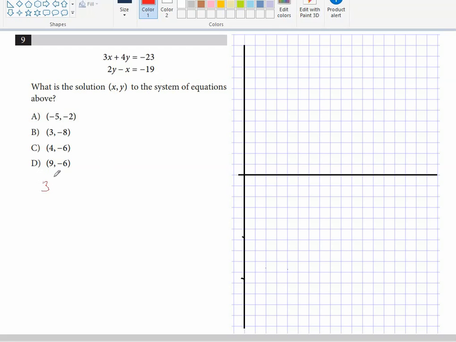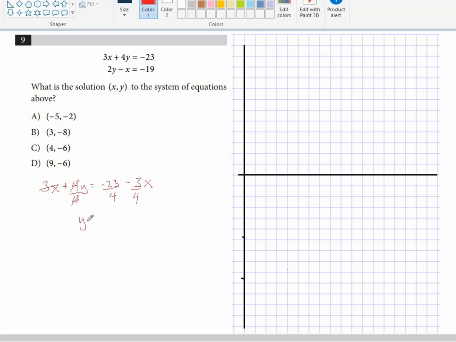So to get the y on one side, we're going to do 3x plus 4y equals negative 23. So we're going to subtract 3x from both sides and then divide everything by 4.